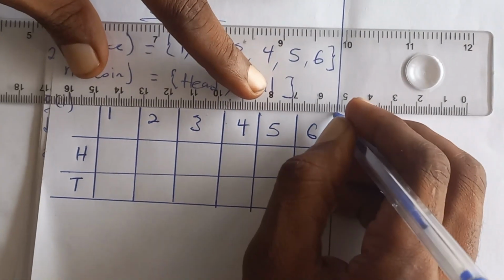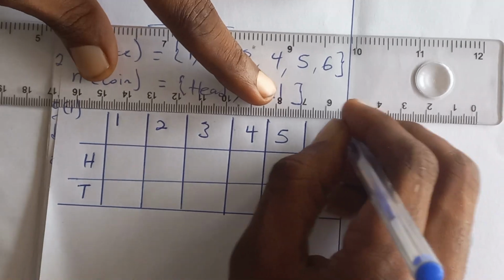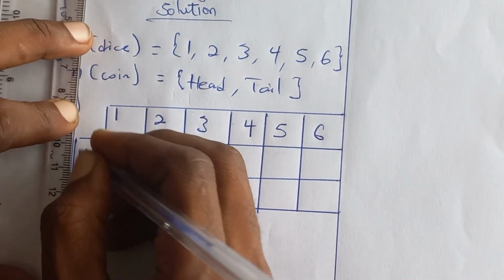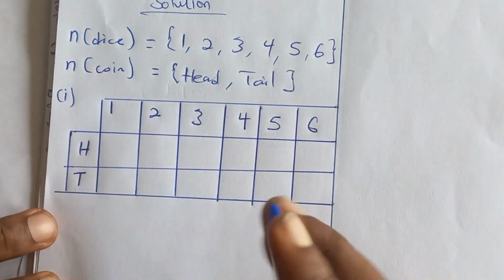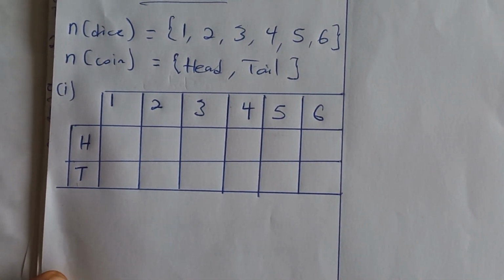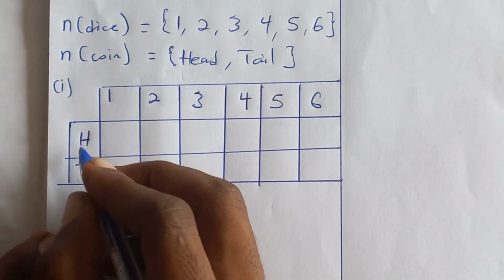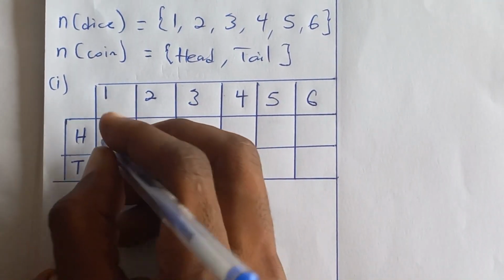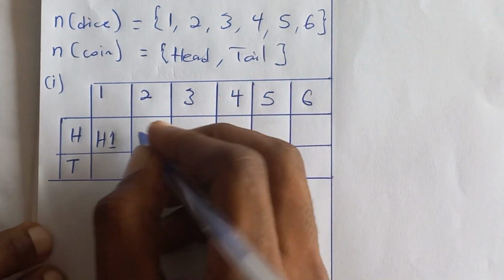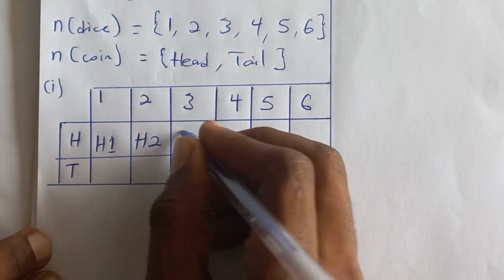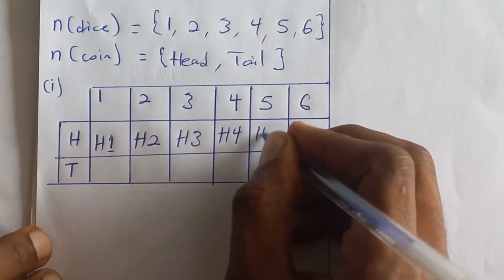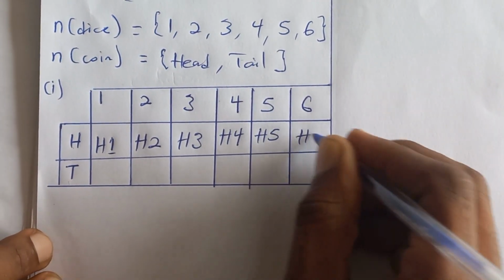So make sure you use your ruler to join the lines nicely. Make sure you provide a neat table. Now, the combinations that we are going to get: we can get head and 1, head and 2, head with 3, head with 4, head with 5, head with 6.